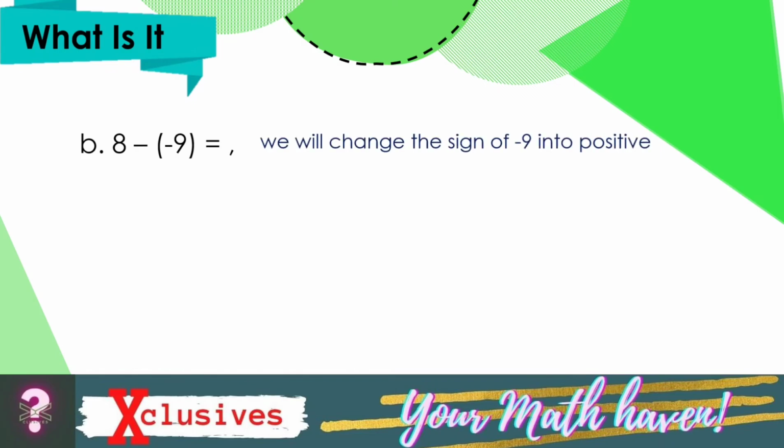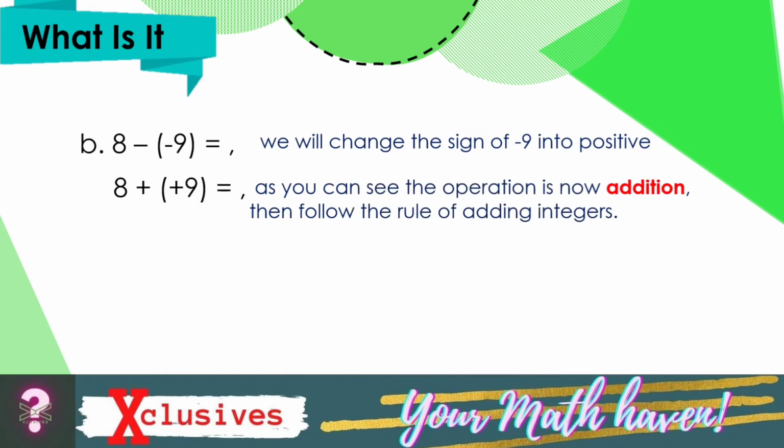So we will change the sign of negative 9 into positive. It will become 8. Notice, not minus, but plus. 8 plus positive 9. As you can see, the operation is now addition. Then follow the rule of adding integers. 8 plus positive 9 is 17.